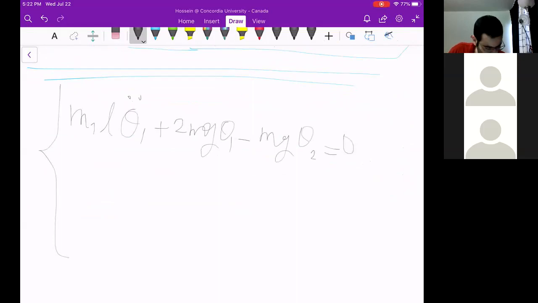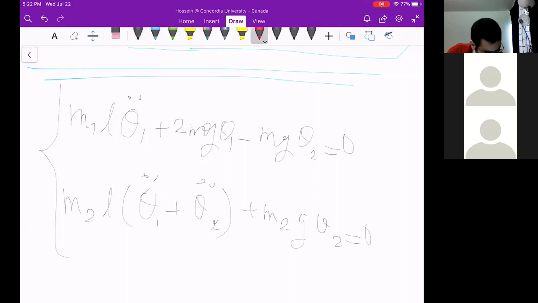And the second equation of motion for the second mass is m2 L theta double dot 1 plus theta double dot 2, plus m2 g theta 2 is going to be 0. Please note that m1 is equal to m2 is equal to m.